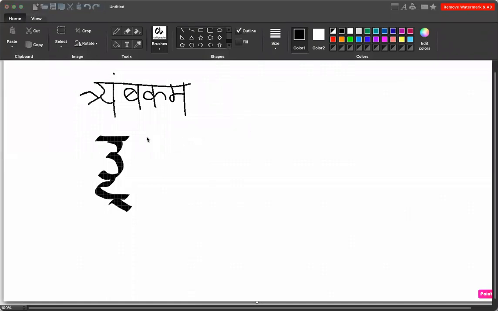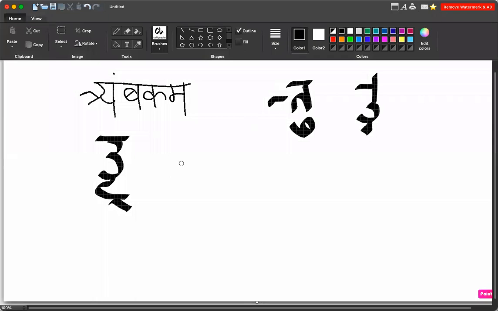While placing matras, if there is a conjunct, say na half, ta and u, what you do is na on top, then you write ta, and then you place the matra.